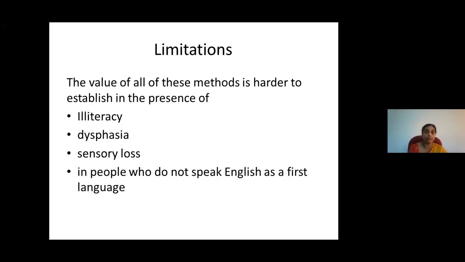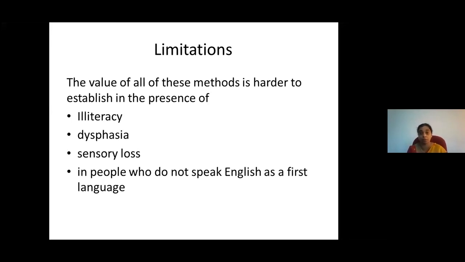Having said that, we need to understand the limitations of cognitive assessment also. It is very hard to establish an accurate score when there is illiteracy, dysphasia, sensory loss, and in people who do not speak English as a first language.